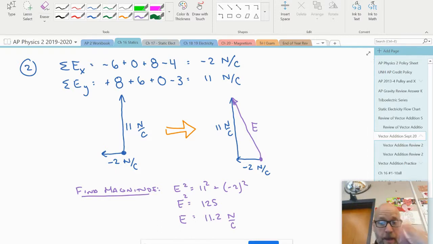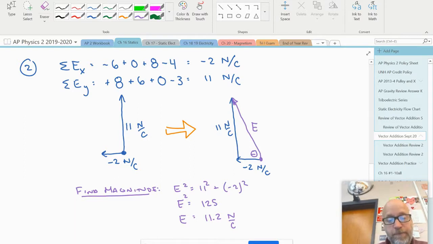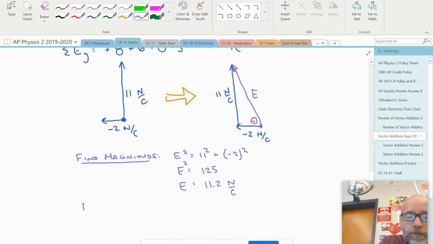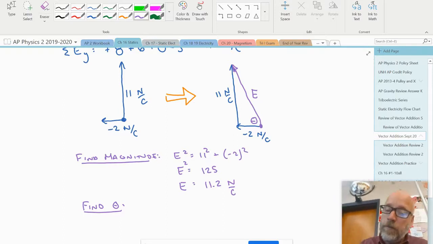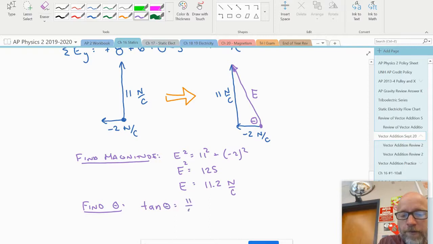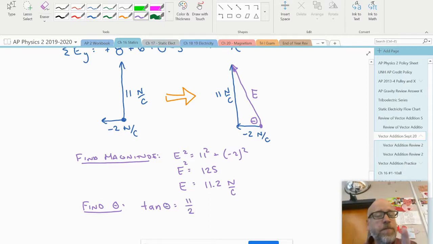Now, to find the angle, ready? I am going to use a reference angle here of theta. And when I do that, let's see what happens. To find the reference angle, not the angle, the reference angle, I can do opposite over adjacent. So I can say the tangent of theta equals 11 over 2. Now, because I'm finding the reference angle, I leave the sign out.